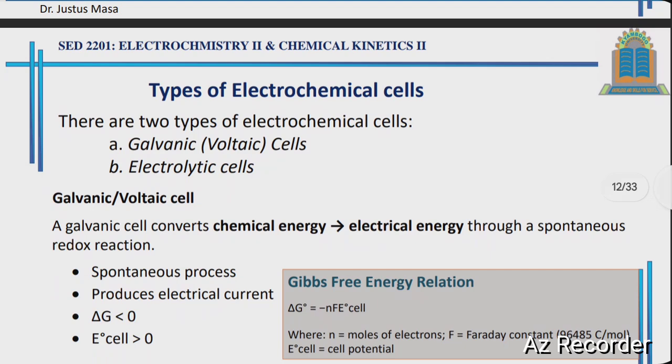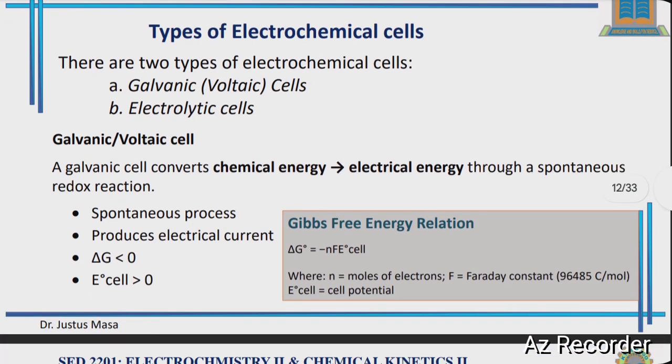So the different types of electrochemical cells are the galvanic cell and the electrolytic cell. The galvanic cell is a cell that converts chemical energy to electrical energy through a spontaneous redox reaction. So we'll see something called spontaneity. We're talking about spontaneity, something that is occurring on its own without any external pressure, energy, or force acting on it.